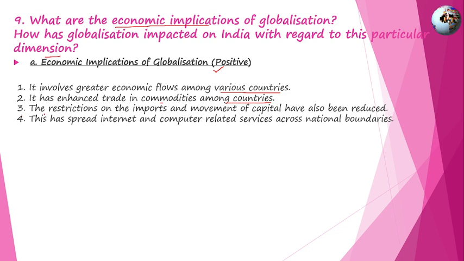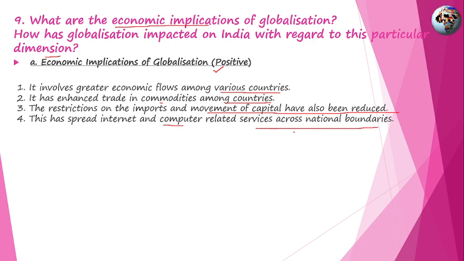And the third is that restrictions on the import and movement of capital have also been reduced. There had been restrictions by some countries on globalization, but they have been reduced. Now the fourth one is that this has spread internet and computer related services across national boundaries.